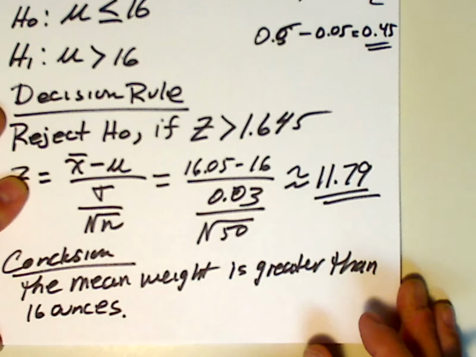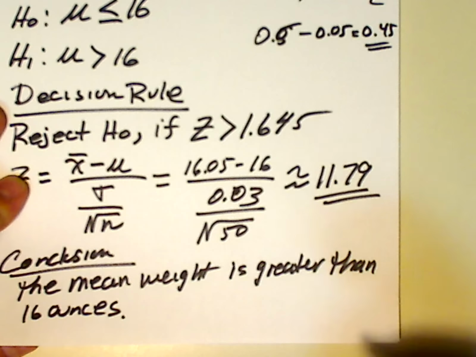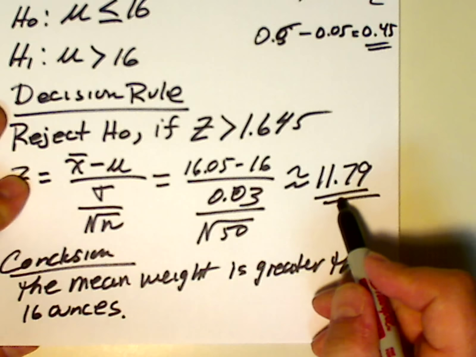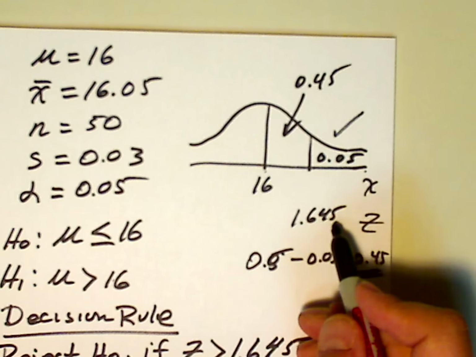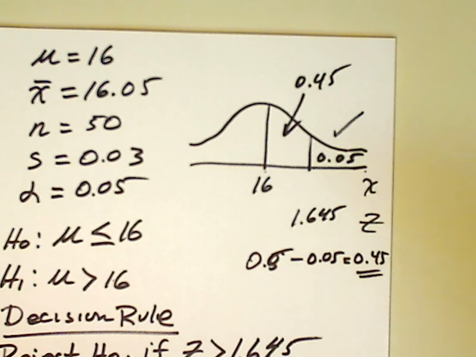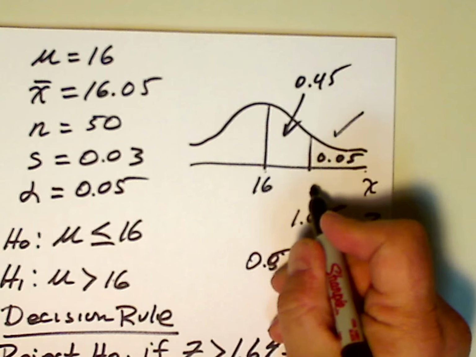Right? Significantly greater. There's no doubt about it here. 11.79. These are units of standard deviation, by the way. Z values are units of standard deviation. So 11.79 standard deviations from the mean is so far out, it's almost impossible to get it by chance. So definitely overfilling here.